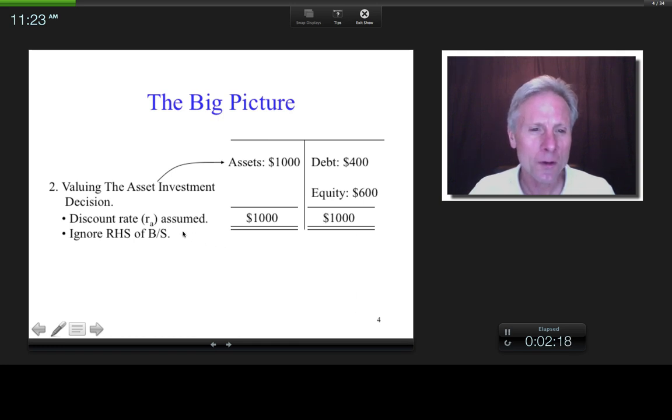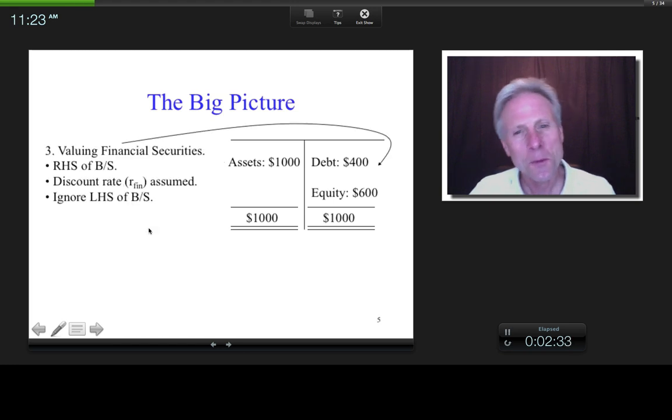But at this point, we assumed that we knew the discount rate for the asset investment decision. We also ignored how one raises the financing. Is it all debt, all equity, or 50% debt, or whatever? Then we moved to the right-hand side of the balance sheet, and we said, hey, why is debt worth 400, and why is equity worth 600?